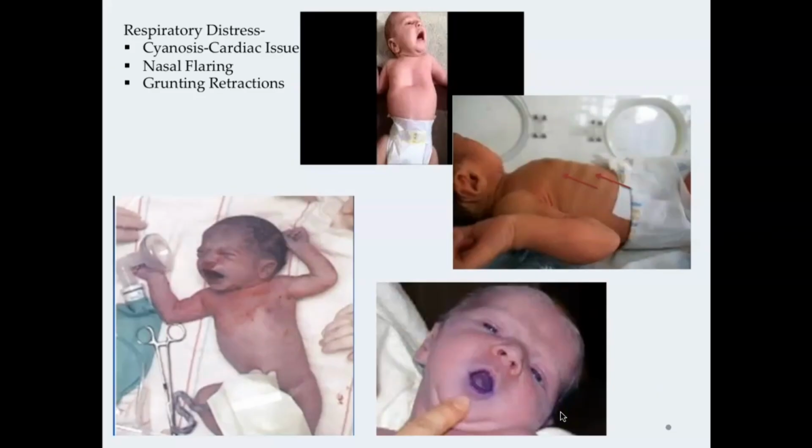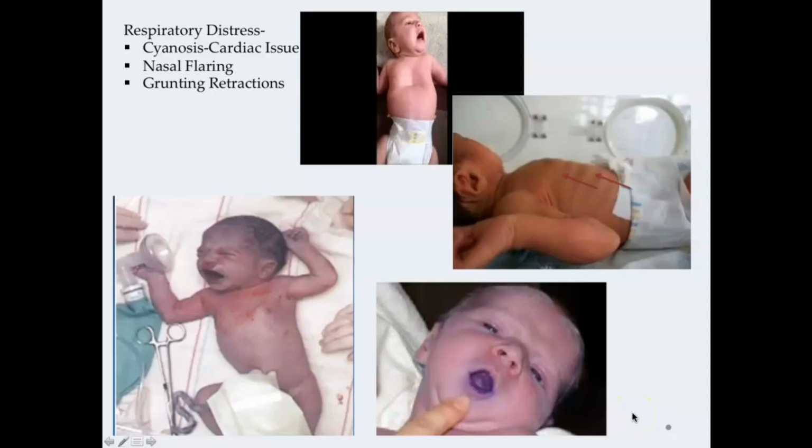So when a newborn goes into respiratory distress, there are certain things that you're going to notice. You may see cyanosis, meaning they're not just having the acrocyanosis where their hands and feet are blue, but their whole body is a purplish, bluish, gray color, as well as circumoral cyanosis.